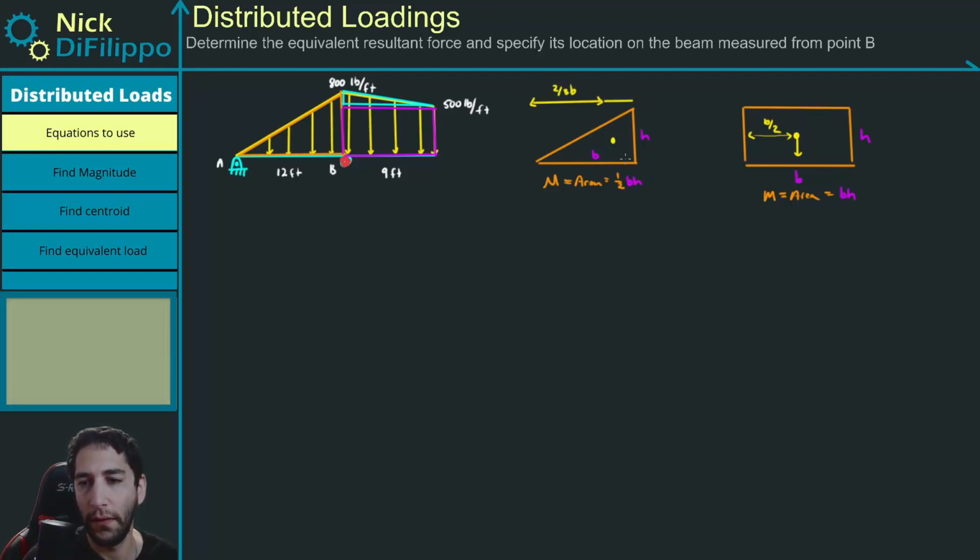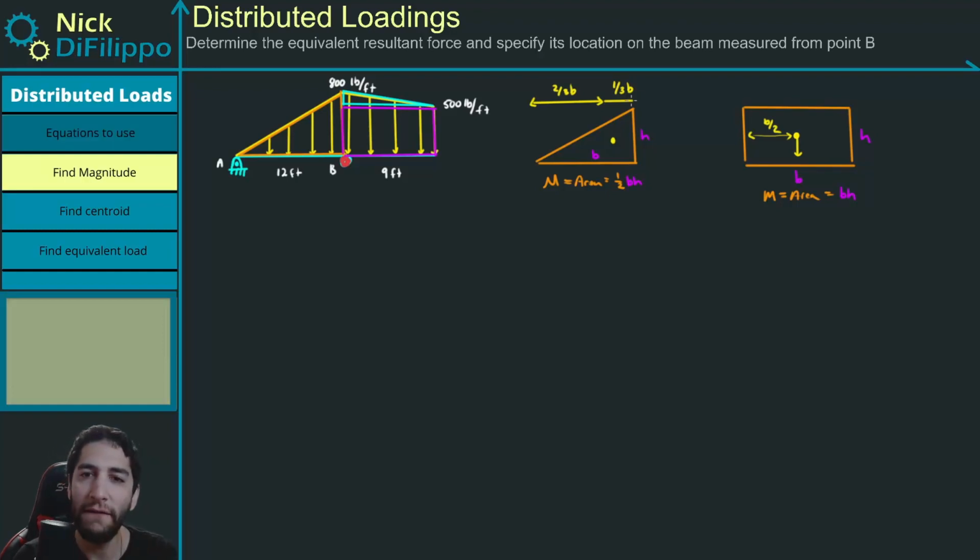On the high side, this thicker side, it's going to occur 1/3 of the way from the base. So it depends on which way you're looking from. So now that we have the equations that we can use, we can look at finding the magnitude for each of these shapes. Let's start with this triangle.